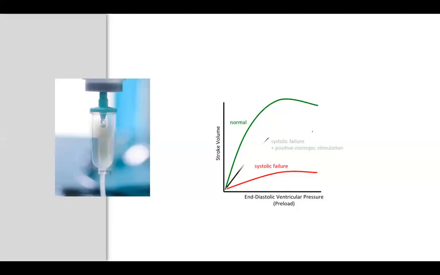But also remember that once you have started the inotrope, you're literally lifting up the Frank-Starling curve. That means after inotrope, often these children will tolerate fluids. So post inotrope, carefully observe the child, titrate, and look at the dynamic hemodynamic parameters like pulse pressure variability.